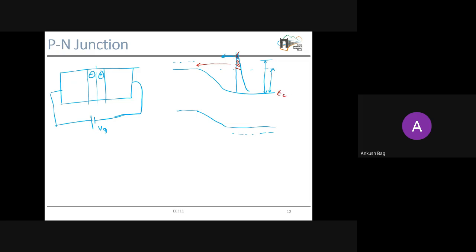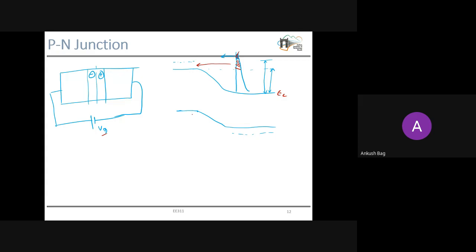Due to the application of forward biasing, our potential barrier for the electrons is reduced, and due to the reduction of this potential barrier, a larger number of electrons will be able to cross this potential barrier, or the depletion region.